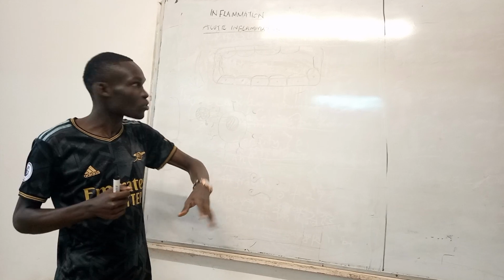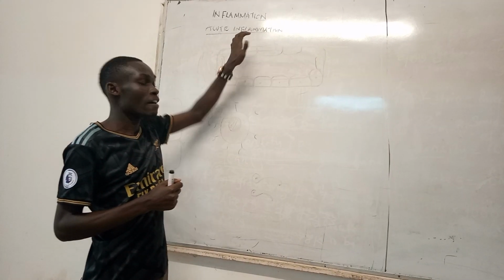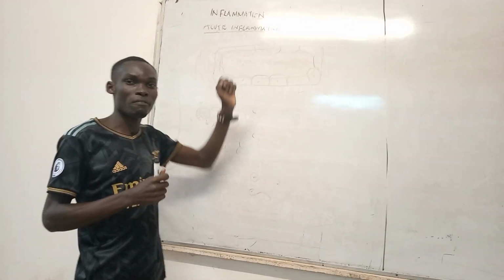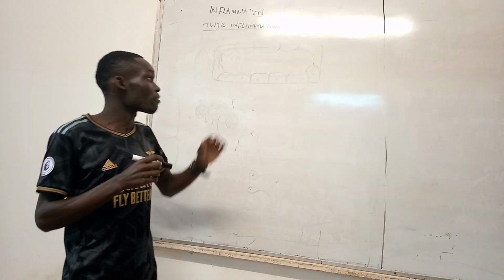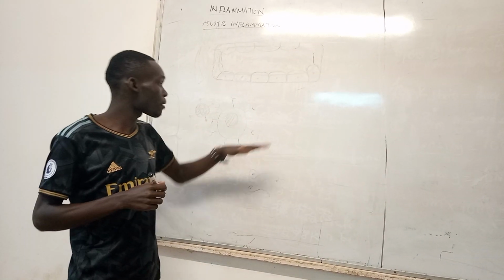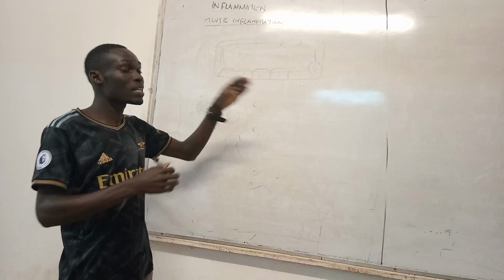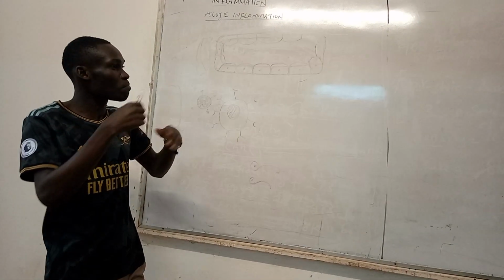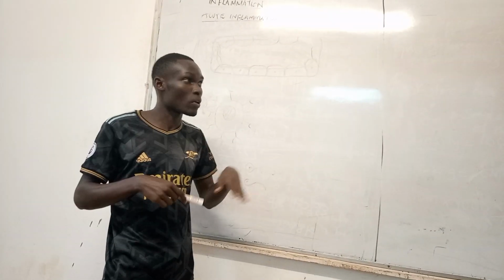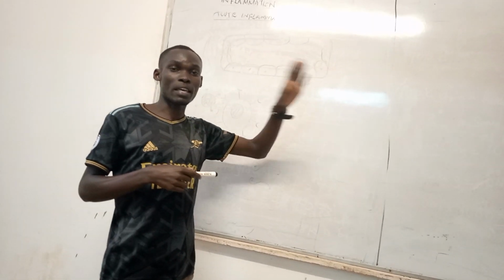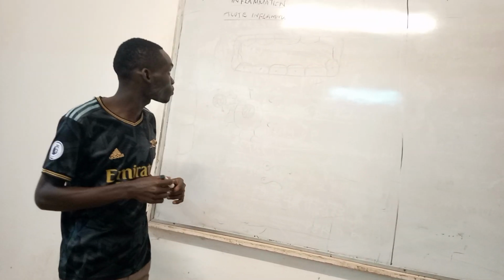We say that inflammation refers to a type of tissue damage that is caused by an infectious organism or physical trauma, that brings about vascular and cellular events that bring about subsequent clearance of the infectious organism or the damaged tissue.